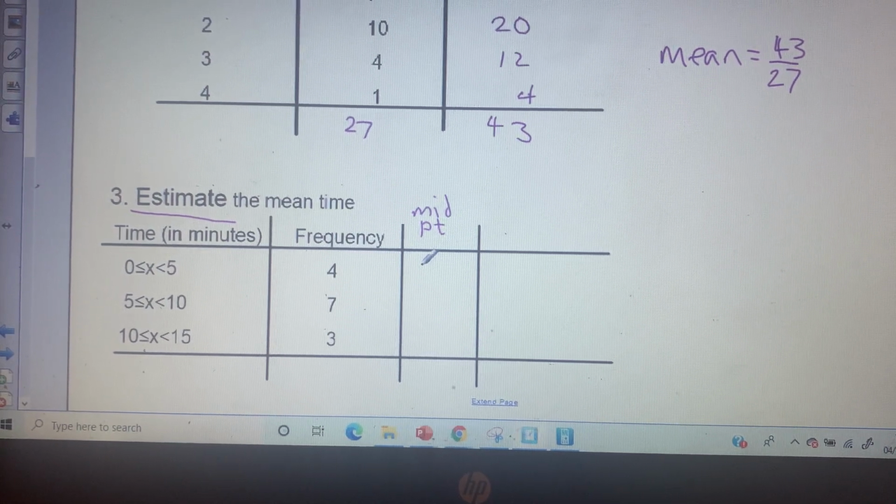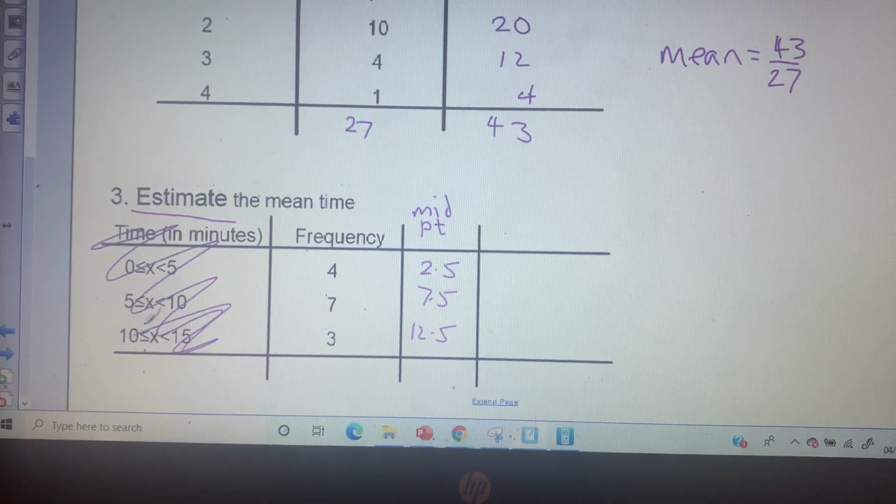Between 0 and 5, we'd have 2.5, 7.5 and 12.5. And the minute we've done that, the original intervals aren't really any use to us anymore. So we say we've got 4 lots of 2.5, which is 10. We've got 7 lots of 7.5, so that's going to be 52.5.